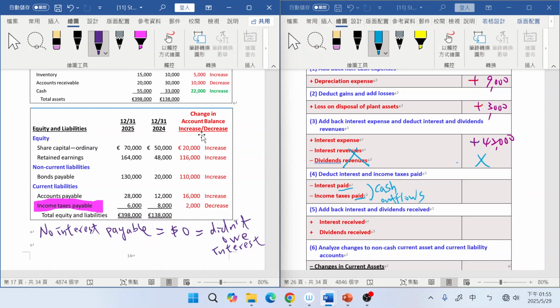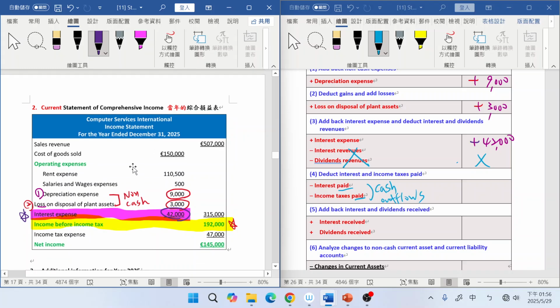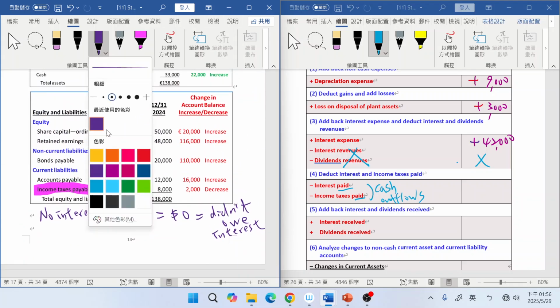Since you didn't owe interest, it means you paid all the money back to them. What else can you find about the interest? Interest expense. So you didn't owe any interest, which means when the interest was incurred, you paid the full amount back. What's the interest? Right here, $42,000. So you paid the full amount back, and that's why you don't owe them any interest.